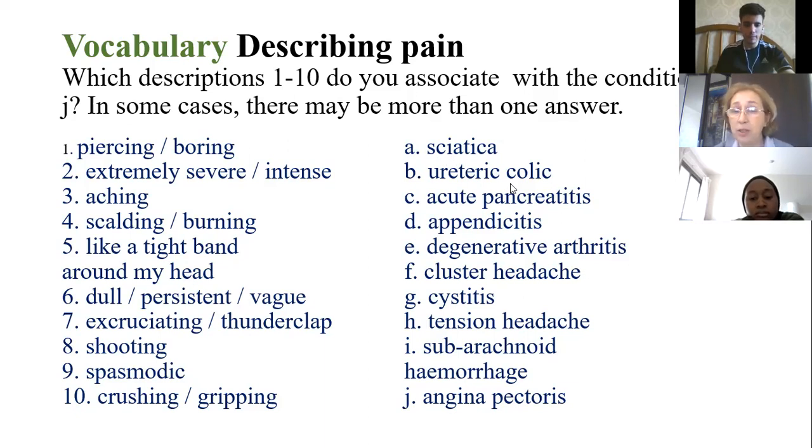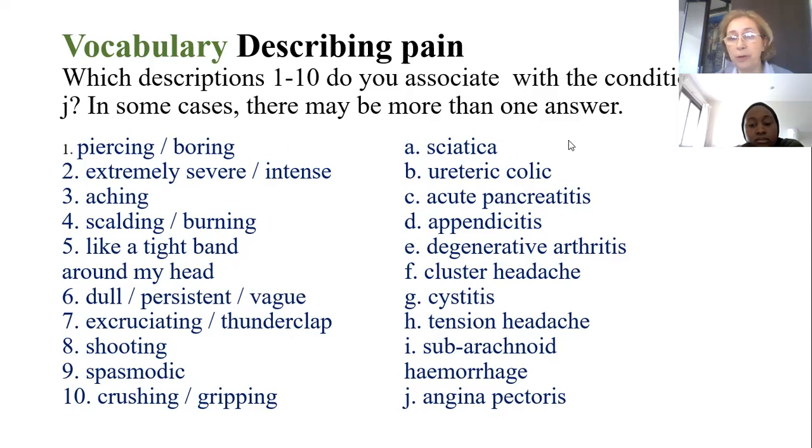Thank you. Some of the words were hard for me to understand, I mean, new for me. For example, condition A, this is sciatica. This is the medical term for the pain that people can feel in the back, which shoots from the back to the leg, for example. So do you know the meaning of the word sciatica?